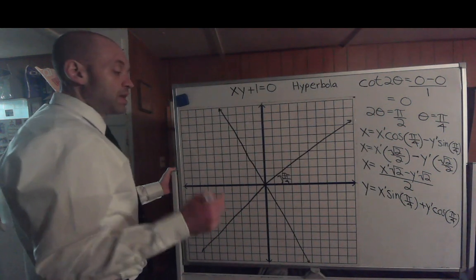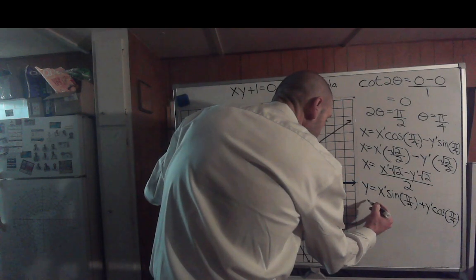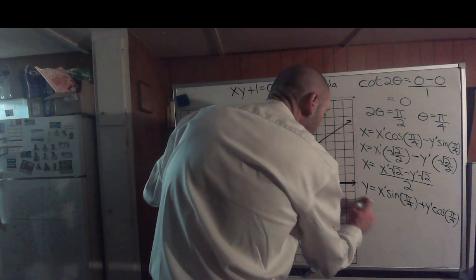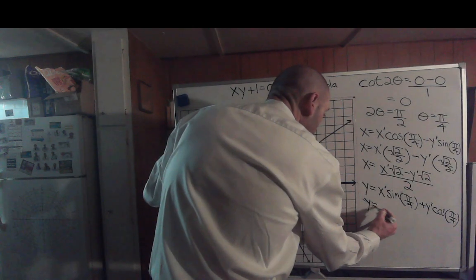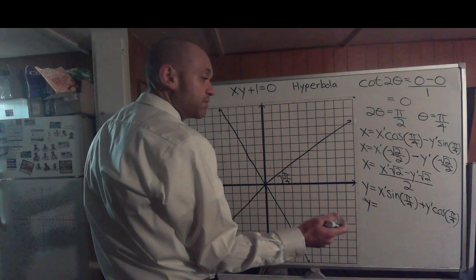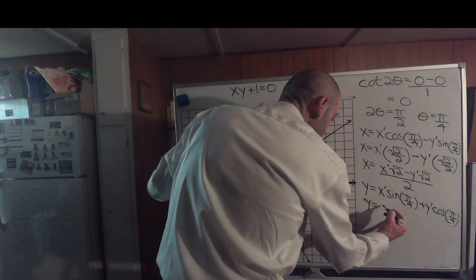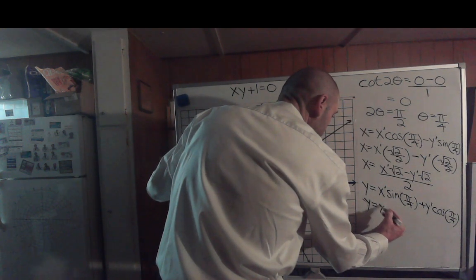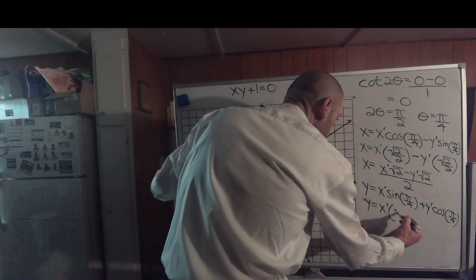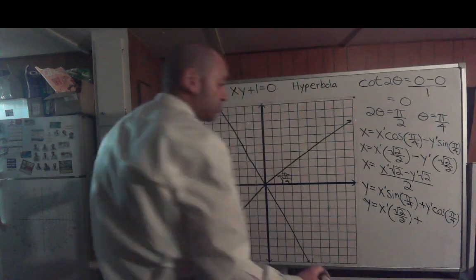Well, this is now about to turn into, let's see here, so y would equal x prime times the sine of pi over 4, which is the square root of 2 over 2. So you would end up getting x prime times the square root of 2 over 2 plus, you'll have your y prime.